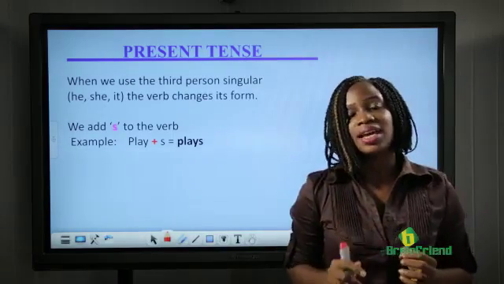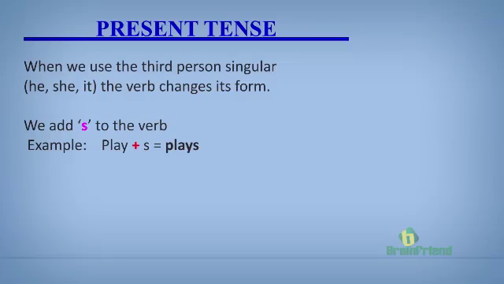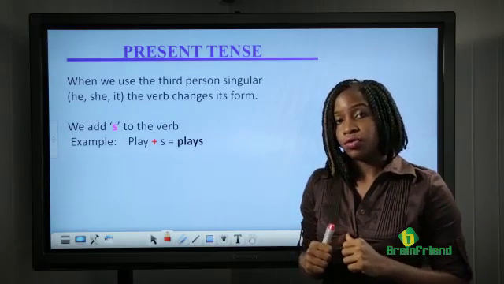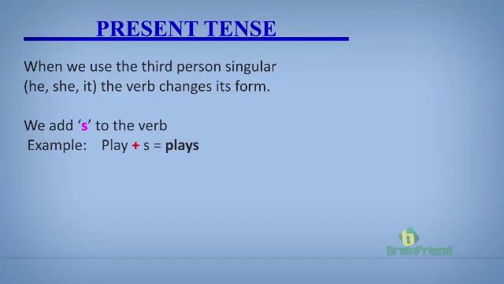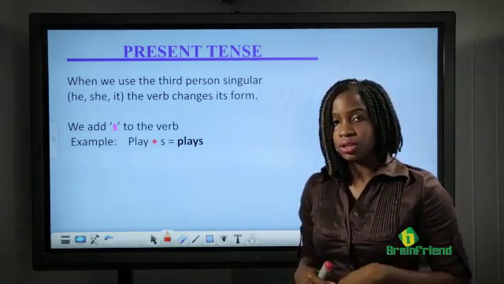Now, remember I said we form the present tense using the verb in its main form, except in special occasions. And one of those special occasions is when we talk about the third person singular. Now, I, talking about myself, is the first person singular. You, that is talking to you directly, is the second person singular.